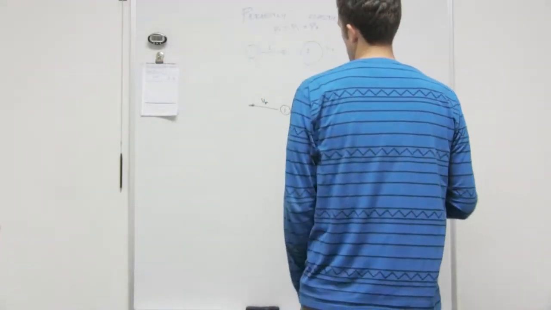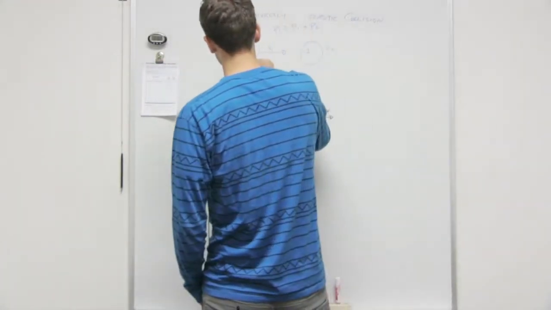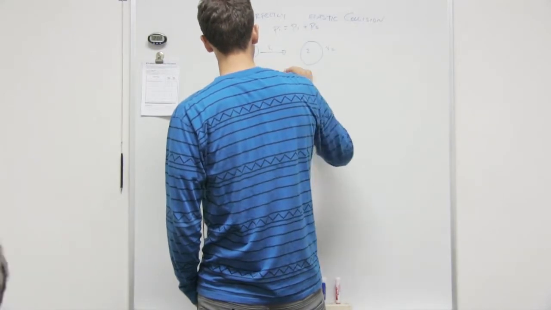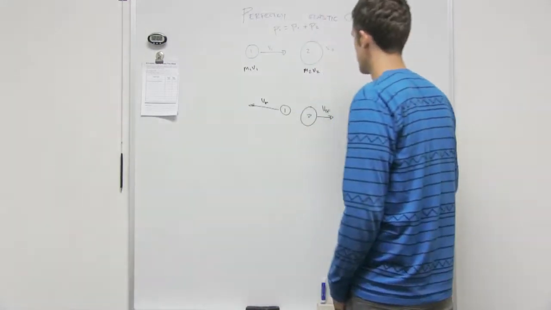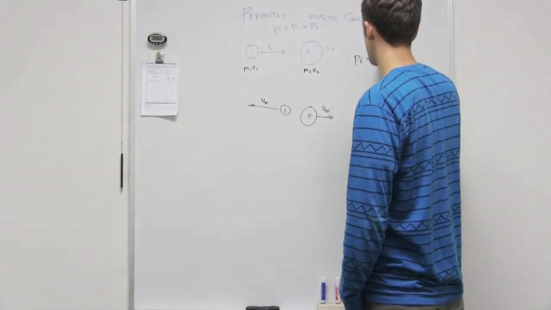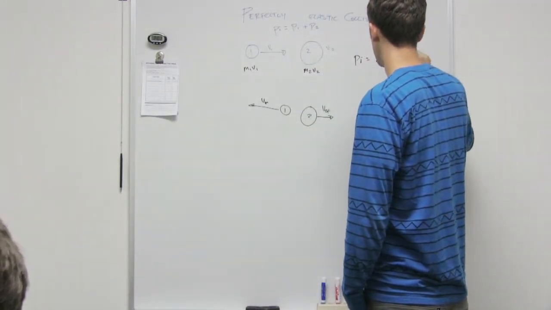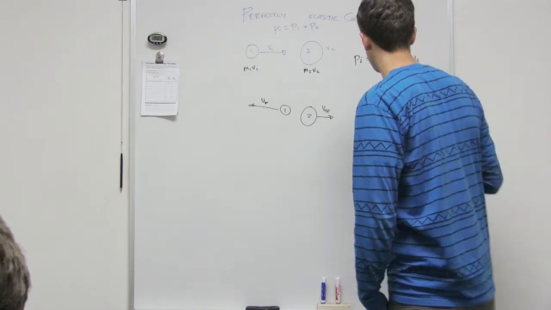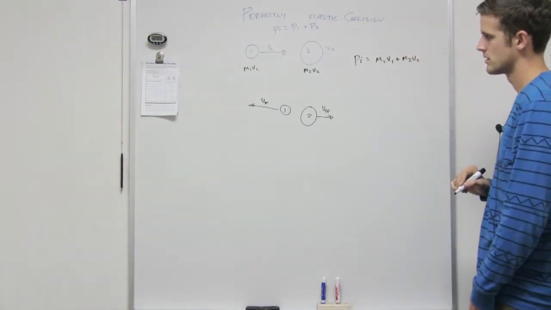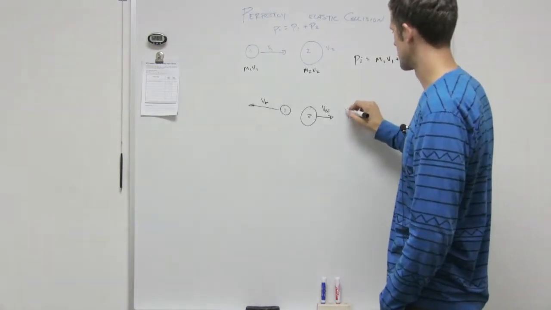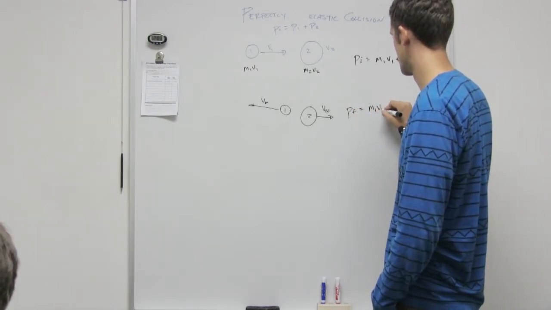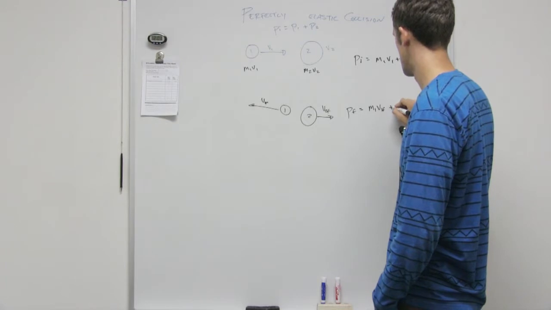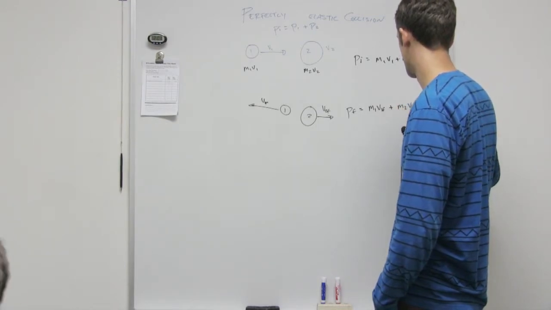Okay. So we still have for momentum, M1, V1, M2, V2. So we could say our initial momentum is equal to M1 V1 plus M2 V2. And our final momentum is equal to M1 V1 final plus M2 V2 final.